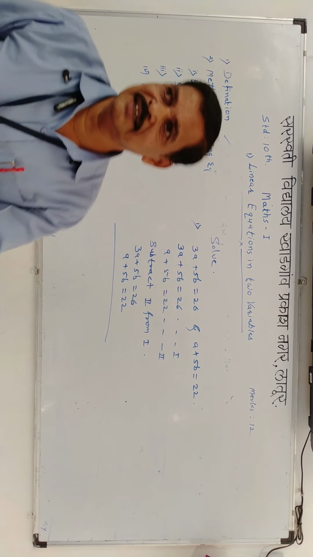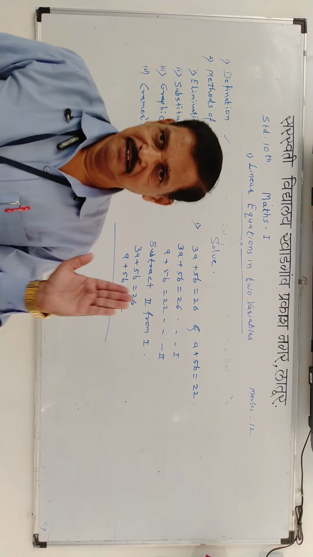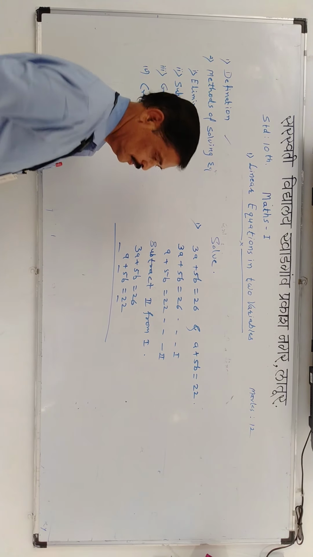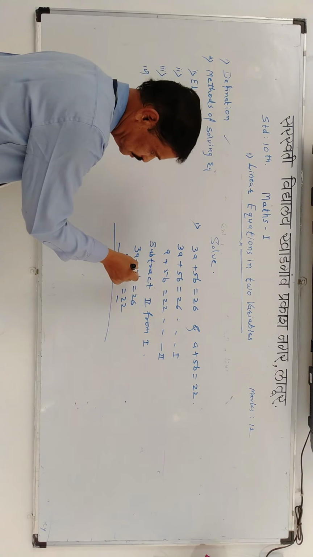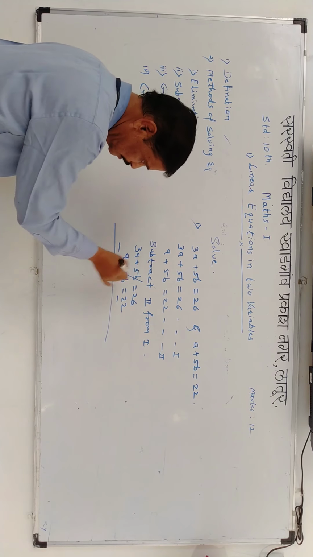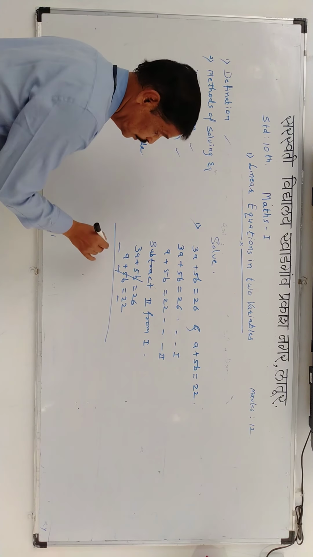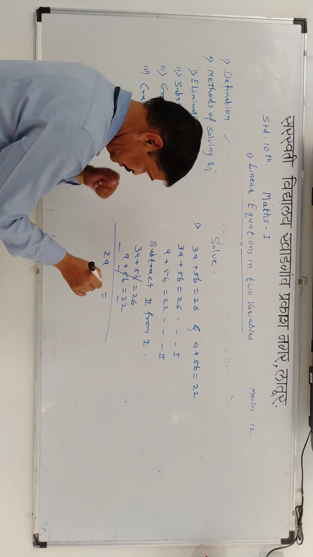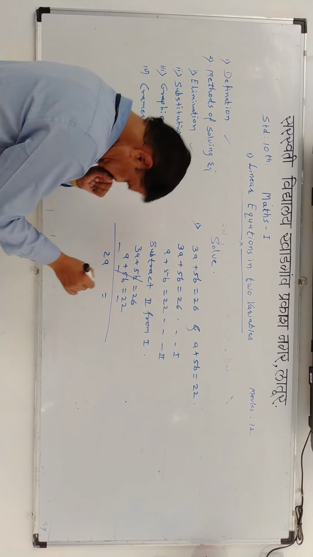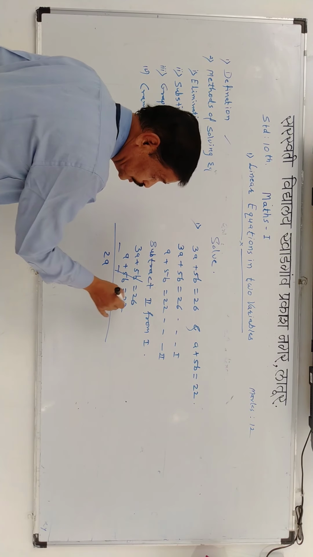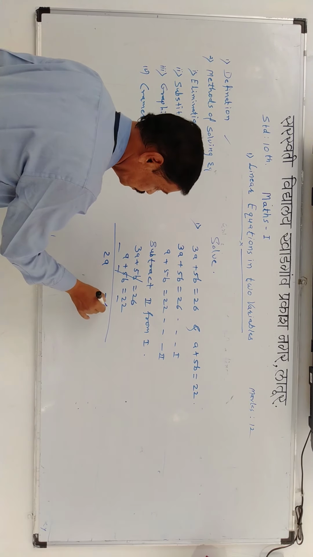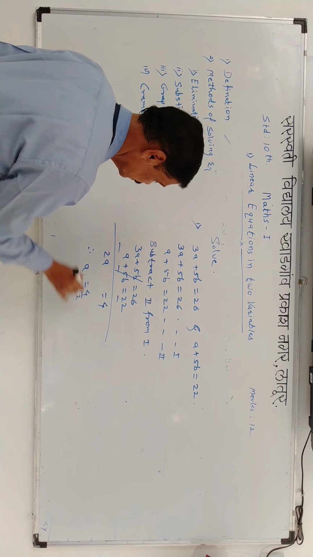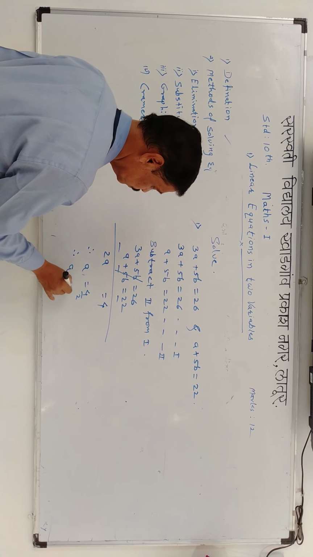Again subtraction is there. It means change the sign. In this case, plus 5b and minus 5b becomes 0, and now 2a is equal to, subtract 22 from 26, we get 4. Therefore, a is equal to 4 by 2. It means that a is equal to 2.